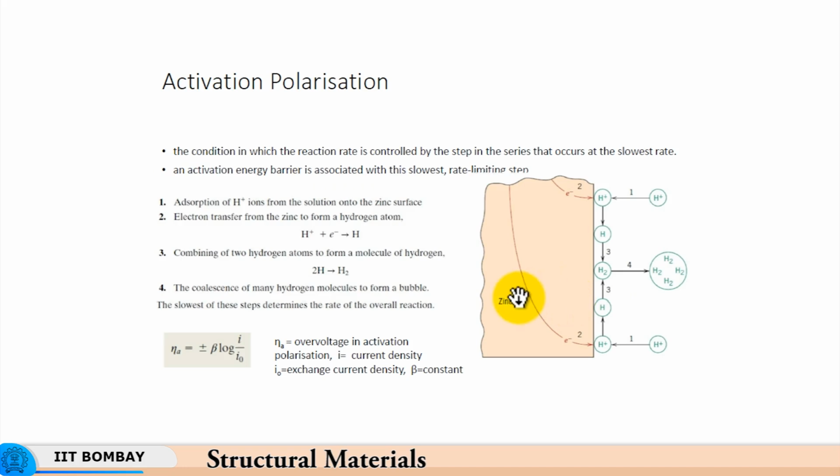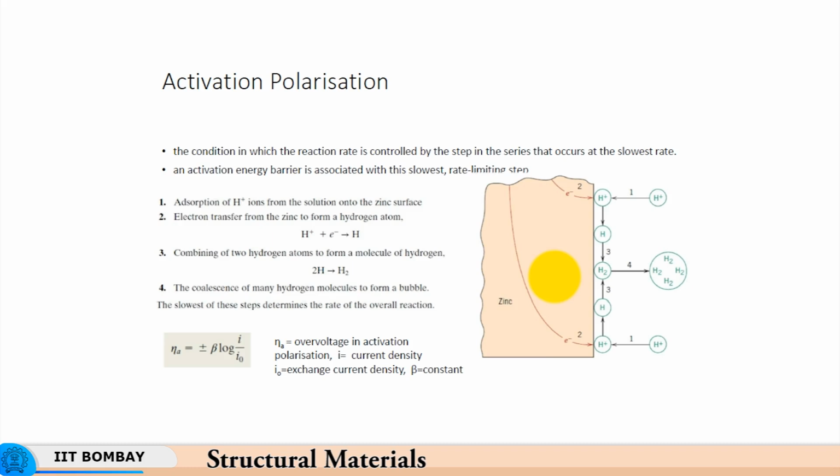Now we see that electrons are being generated at some other point by virtue of oxidation of zinc. In the previous classes we had seen that even if zinc is a single piece, at some point you have oxidation, where maybe the stresses are high, or where residual stresses are present, or the grain size is different.